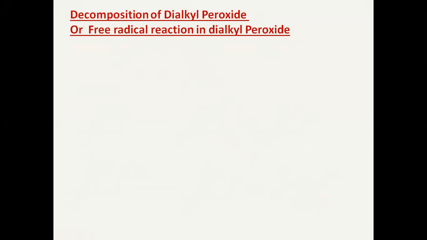So what is the product of alkyl hydroperoxide? Ketones are the product, right? Ketone is the main product, and water is the byproduct. When we talk about dialkyl peroxides, they also produce ketones as well as alkane.